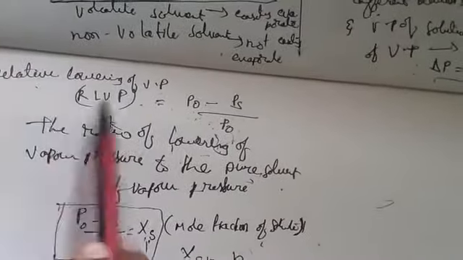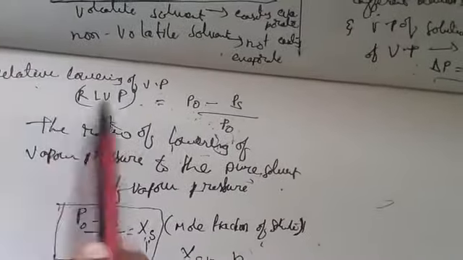Okay, so this one. Xs means what I have told you. Xs equals Ns by N naught plus Ns, where N naught indicates the pure solvent and Ns indicates the number of moles of solute.